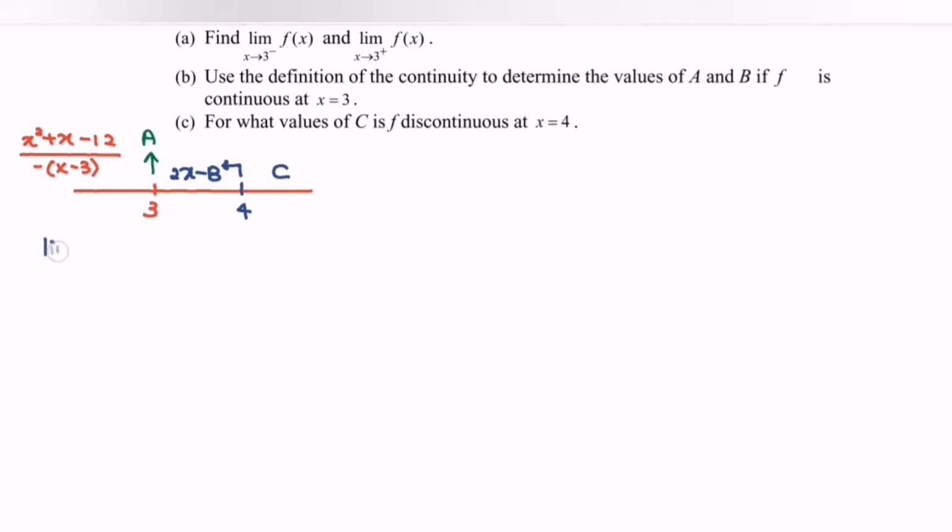The limit when x approaches 3 from the left, the function would be x squared plus x minus 12 over negative (x minus 3). If we substitute the value, we will have 9 plus 3 minus 12, and we obtain 0 over 0, which is what we call the indeterminate form.